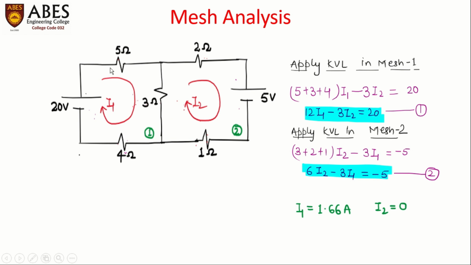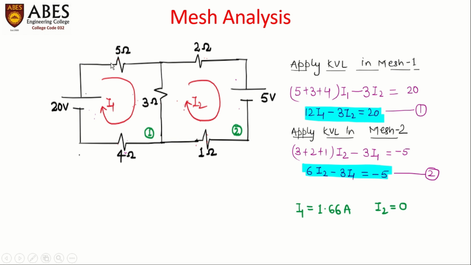The outer branch of the mesh consists only of the current that is flowing in that particular mesh, but the common branch of the mesh has the final value of current that is the algebraic sum of the currents flowing in that particular branch.